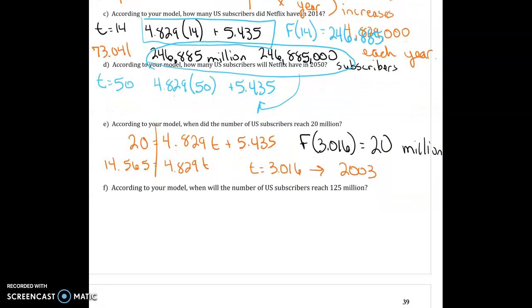And finally, one more. According to your model, when will the number of US subscribers reach 125 million? So again, like E, put 125 in for Y. You will do the same steps as E, getting the T by itself. So again, you're going to subtract the 5.435 value first.